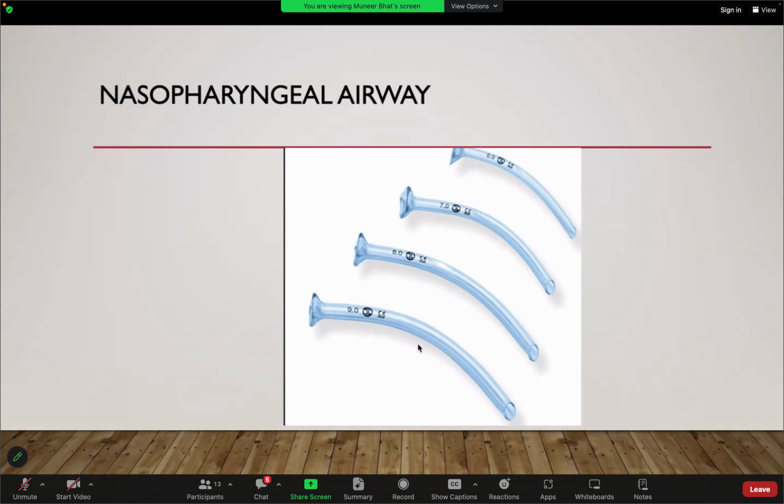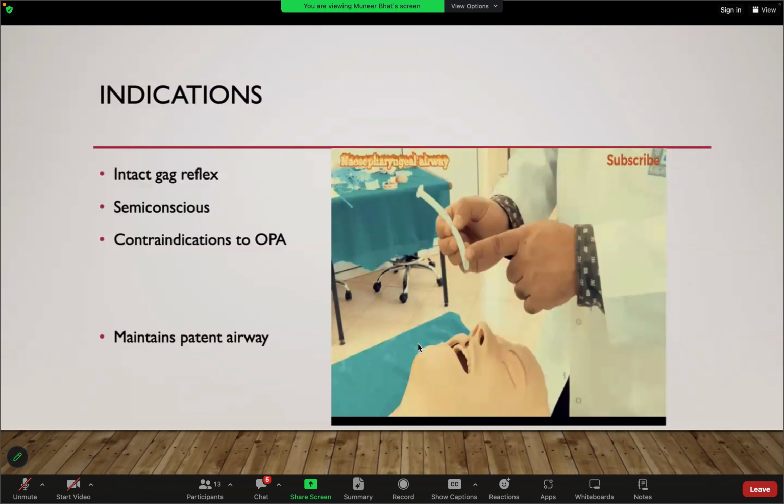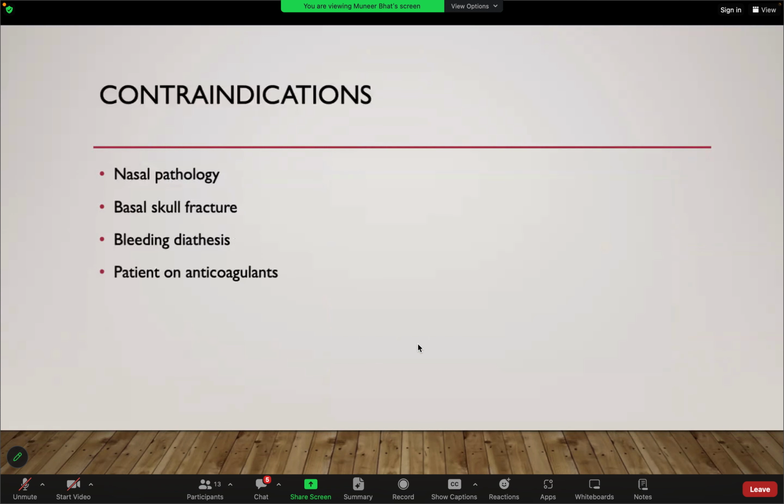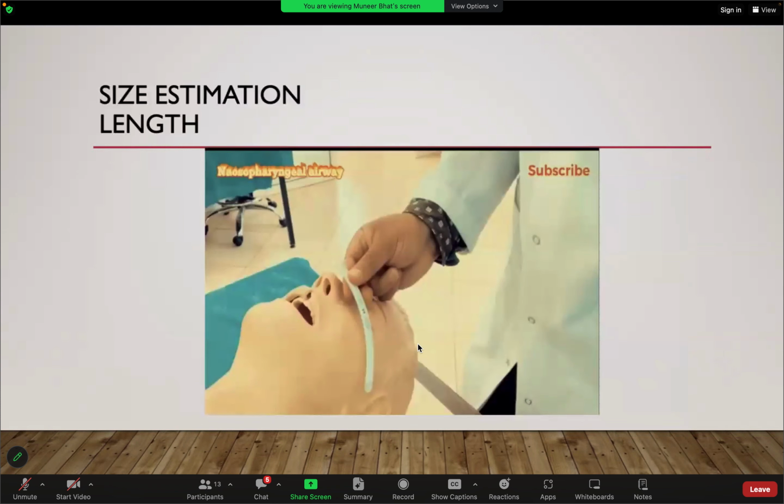Now, how to measure the size of this nasopharyngeal airway? You measure from the tip of the nose to the tragus of the ear. From the tip to the tragus of the ear, you can estimate the length of the nasopharyngeal airway that I can use in this particular patient.